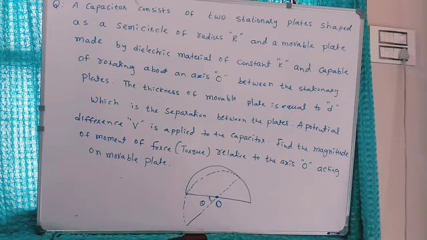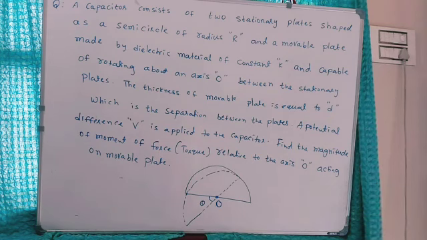The thickness of the movable plate is equal to D, which is the separation between the plates. A potential difference V is applied to the capacitor. Find the magnitude of the moment of force, or torque, relative to the axis O acting on the movable plate.